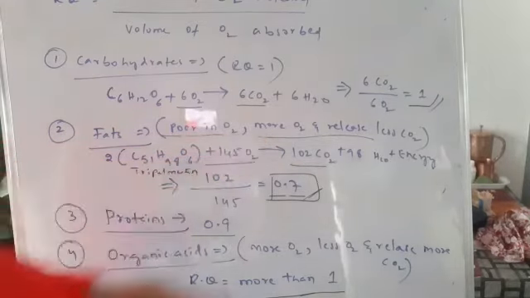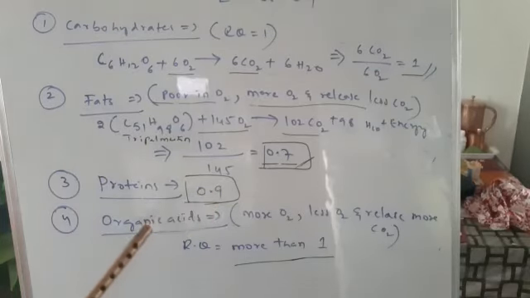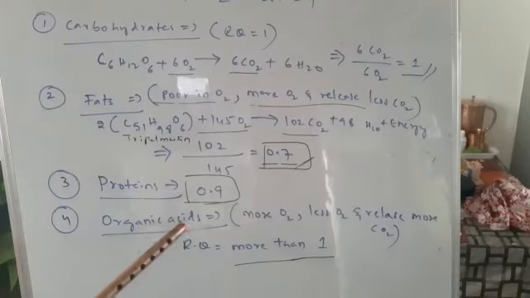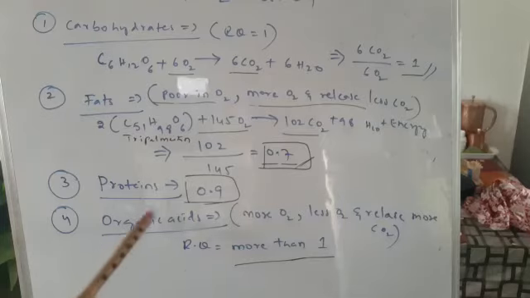So let's understand proteins. The RQ value of proteins is less than 1, approximately 0.9. Next, organic acids. The RQ value of organic acids is usually more than 1. Now why does such a situation arise in organic acids?